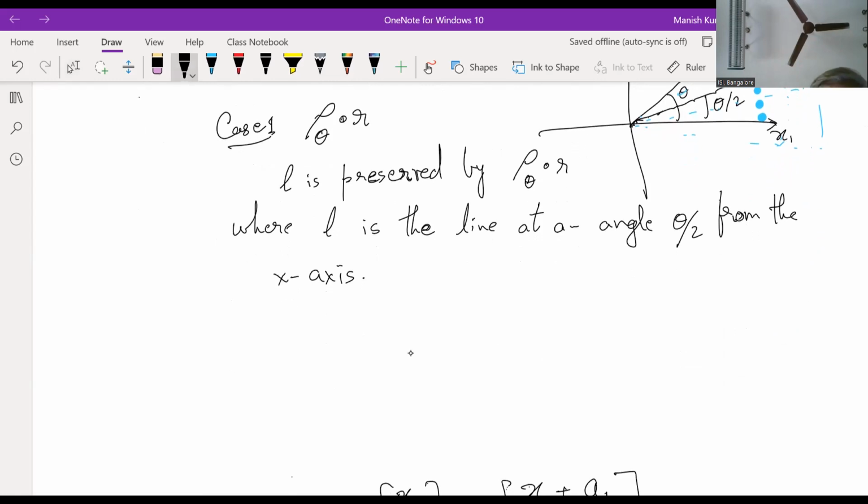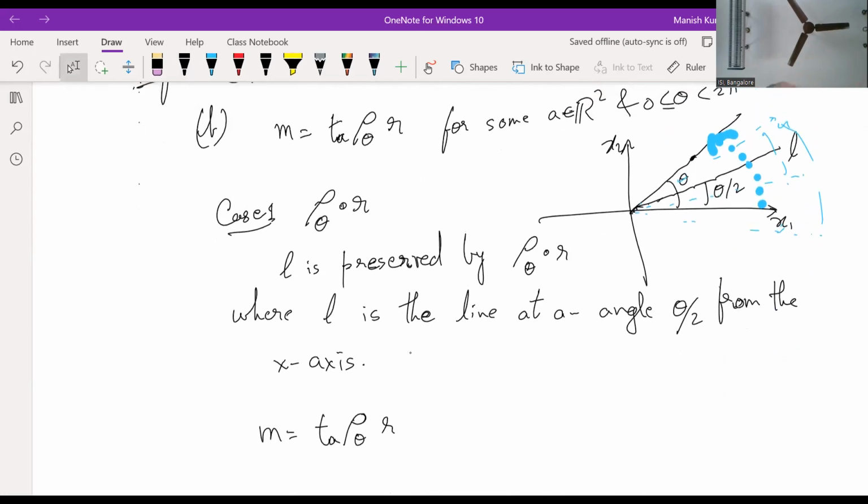So now m equals T_A rho theta R. First, if you do rho theta R, then what does it become?